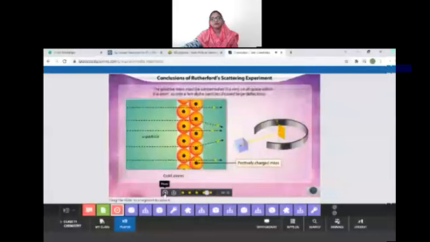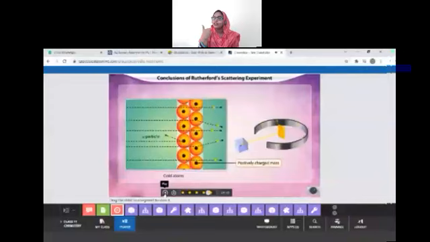This positive mass must be concentrated in a very small space within the atom, since only a few alpha particles showed large deflections. See, only very few particles have deflected back by 180 degrees. They were reflected back by 180 degrees. The massive part, that is the positively charged space, covers only a very small space of the atom, right?